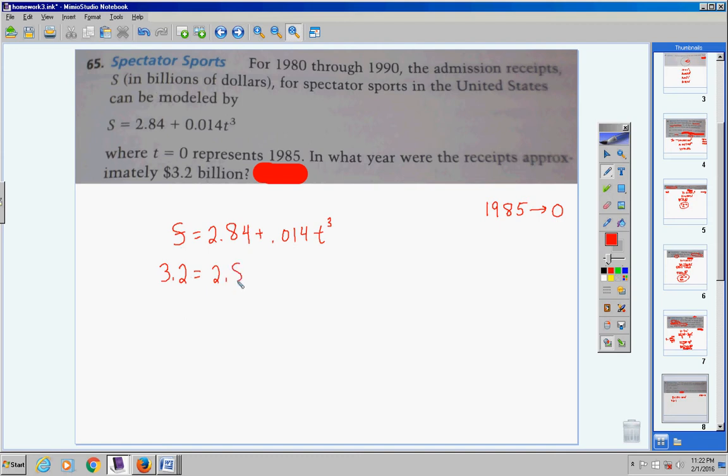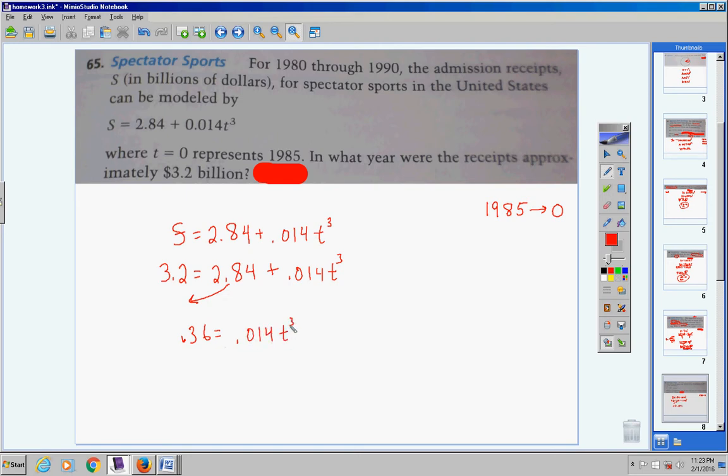And now I'm solving for t. Guys, we know how to do this so well. Get t cubed all by itself, so bring this over and make it negative. So 3.2 minus 2.84 gives you 0.36.